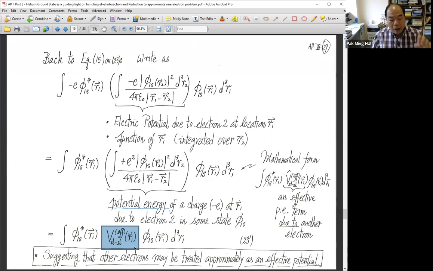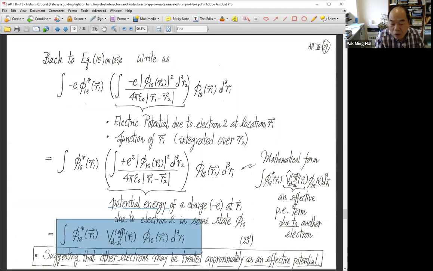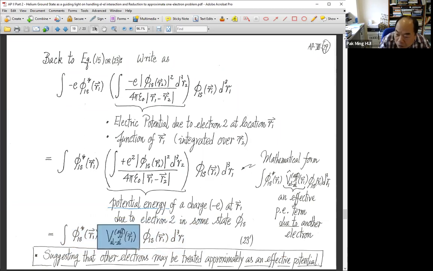And now, if I know what this 1s state is, it is like an expectation value of this particular way of handling Coulomb repulsion between electrons, right? So this is how electron 2 affects electron 1. I take this, I can reduce the 2-electron problem into an effective 1-electron problem. Okay, so let me show you how.